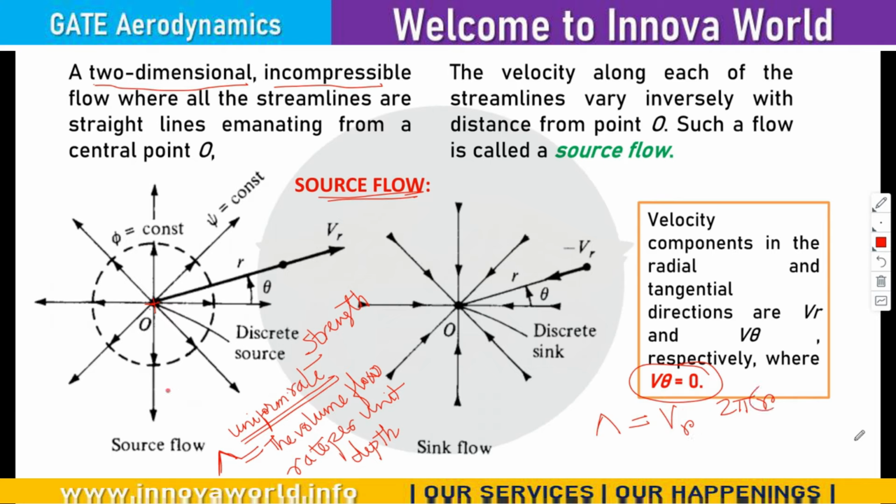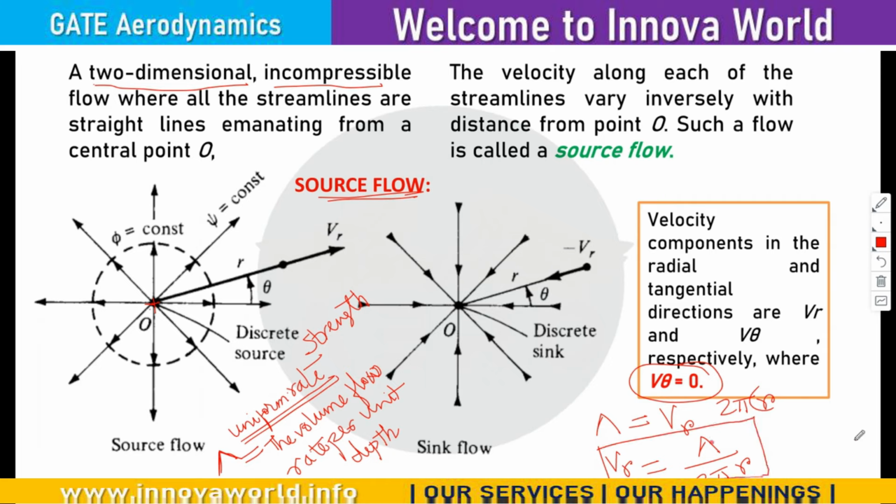R is at what diameter that the flow is expelling. Now from this we can also write VR equals lambda by 2 pi r. This is also another important expression.